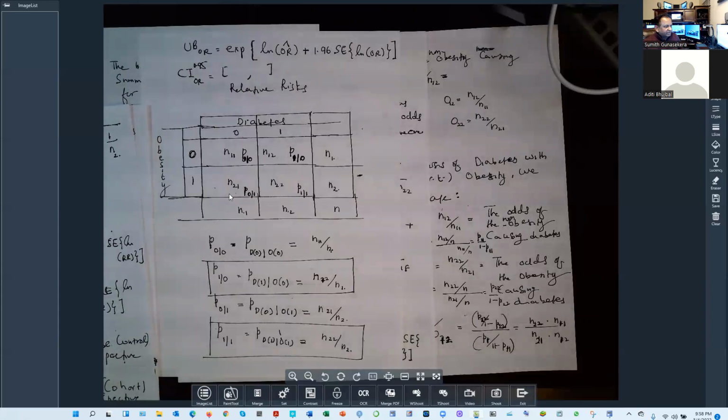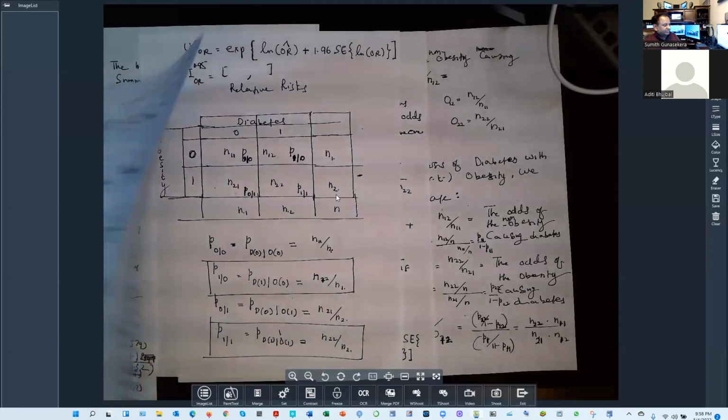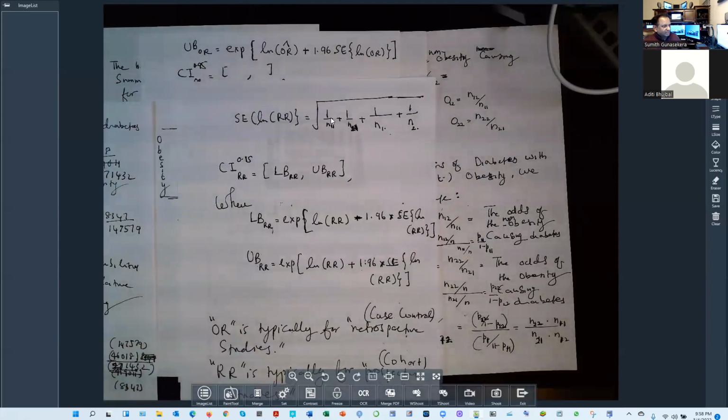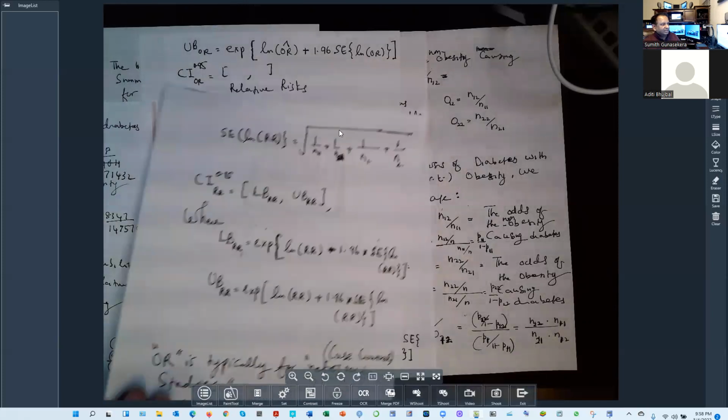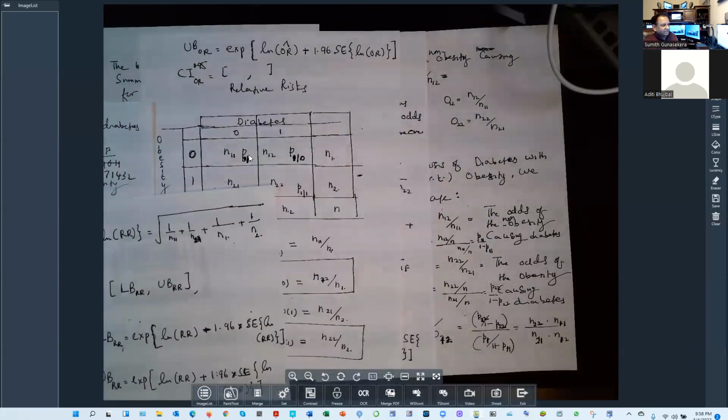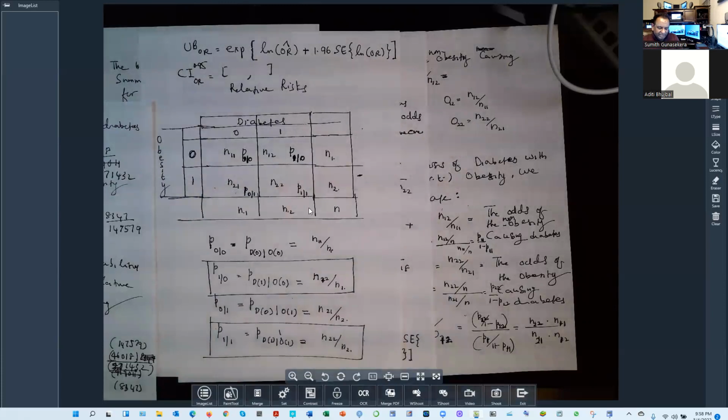If you want the standard error for that one, n11, this one and this one, in this formula, that simply means 1 over n11. Related to that, the standard error for the relative risk in column 1.